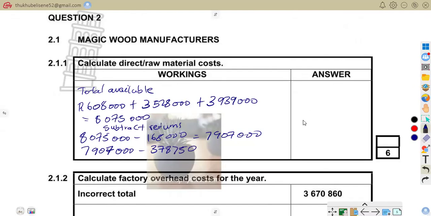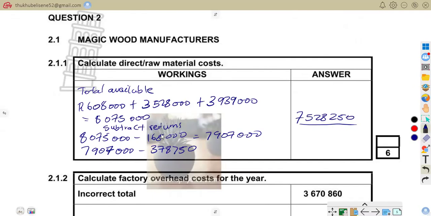So our final answer is 7,528,250. That is that, people. This is how we came up with the answer.